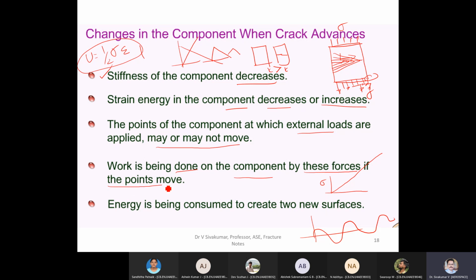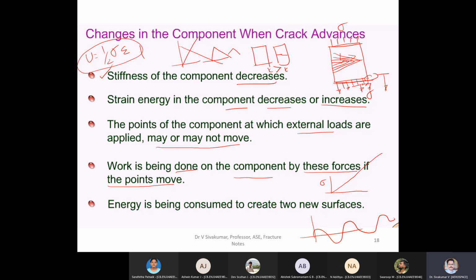Only if the points move will work be done. If the body doesn't have any deformation, where will the energy come from? No energy will come. So the load application point will move, then you get the displacement, subsequently the strain and stresses, and then you can get the energy.